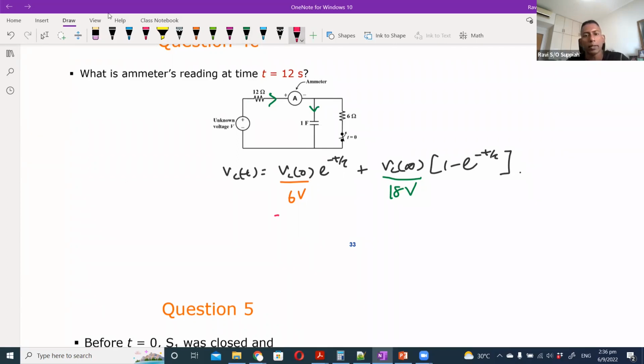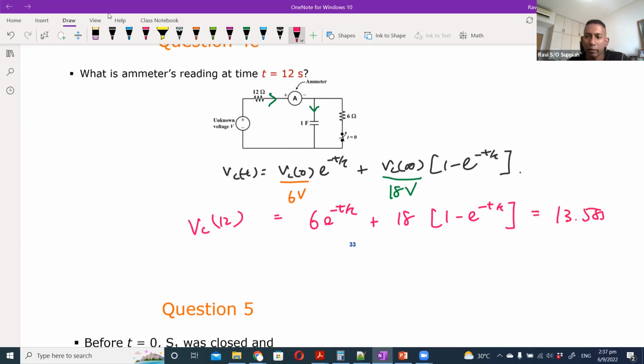With that you can rewrite this equation as 6 e to the minus t over tau plus 18 times 1 minus e to the minus t over tau. Then the rest is substituting the values. So VC at time 12, you substitute t equals 12. Then you do all the calculation and you should get 13.585 volt.